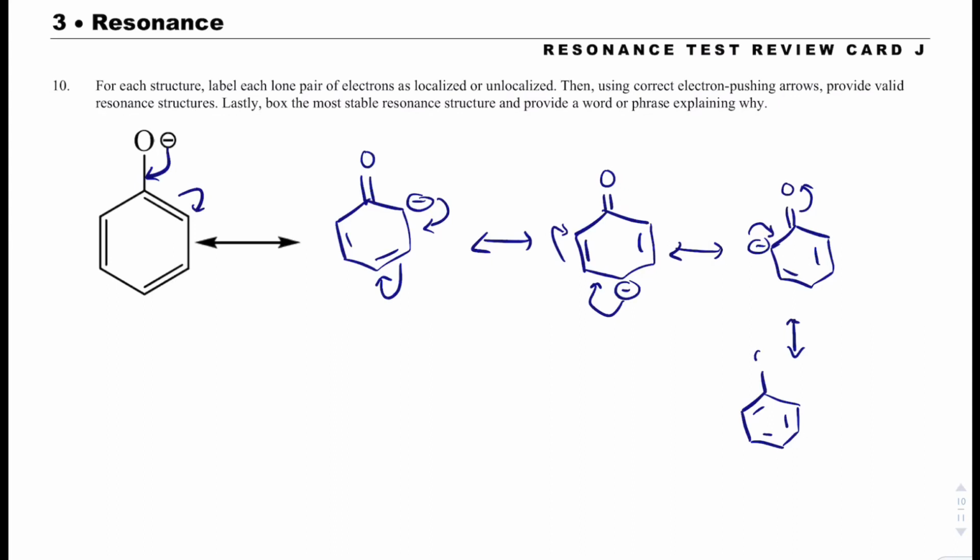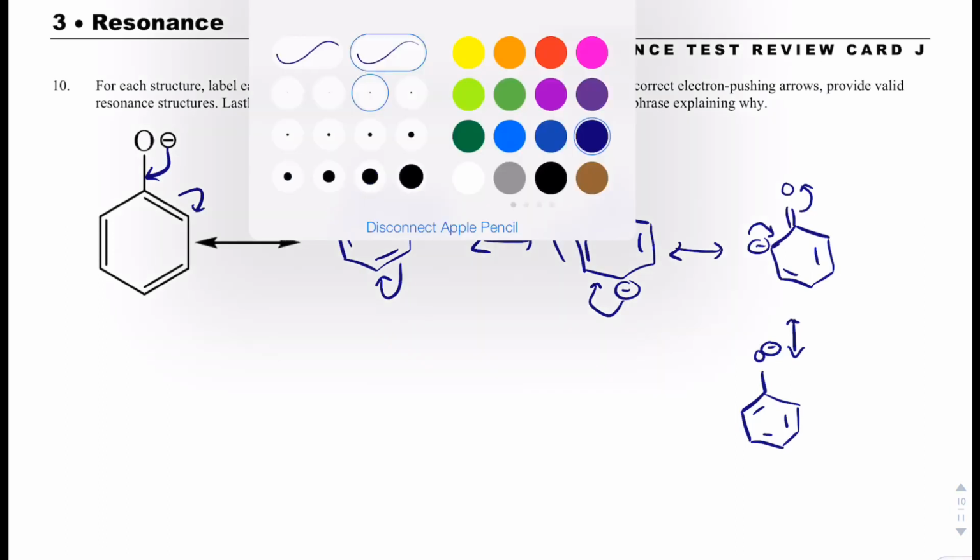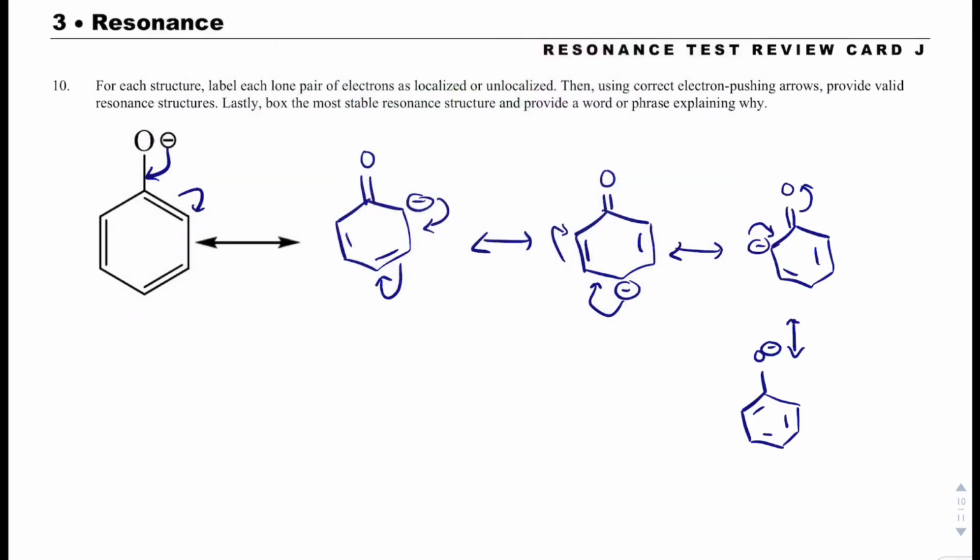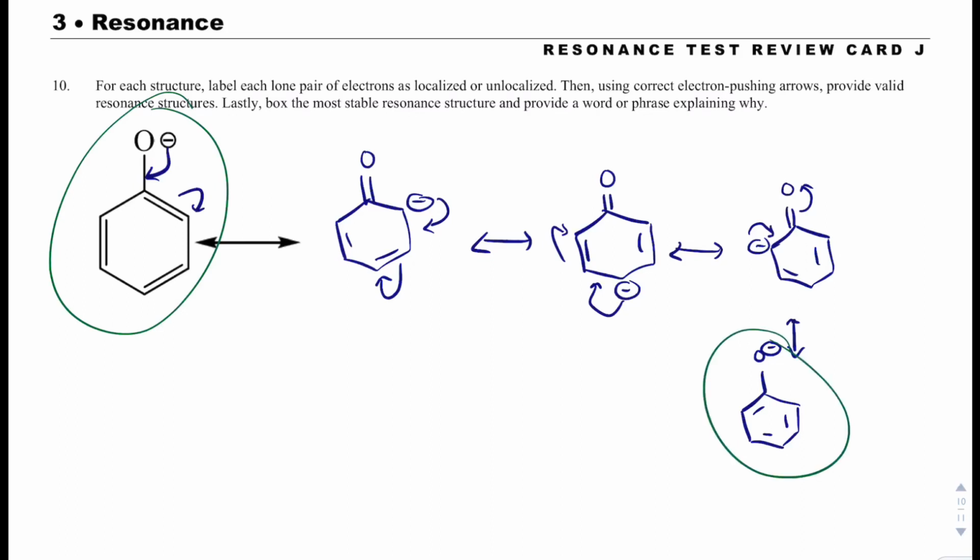I would say they all create the same amount of bonds, but structure 1 and structure 5 may appear to be the same, but if you look closely, have you noticed that our double bonds have all rotated? And I would say they're most stable because they have the same number of bonds, but these two structures put the negative charge on the most electronegative element, oxygen.